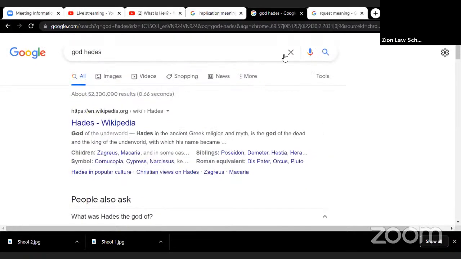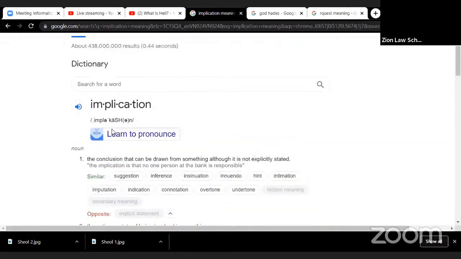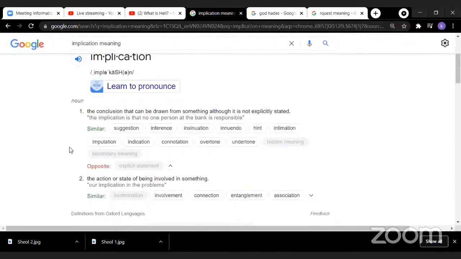Oh, by the way, let's go through something. So we looked at the word implication. Do you want to present this word, Louis? Implication, noun. The conclusion that can be drawn from something, although it is not exactly stated.